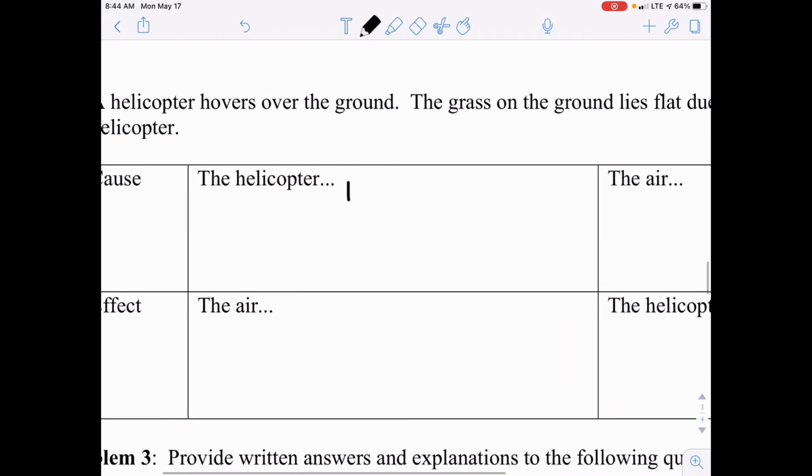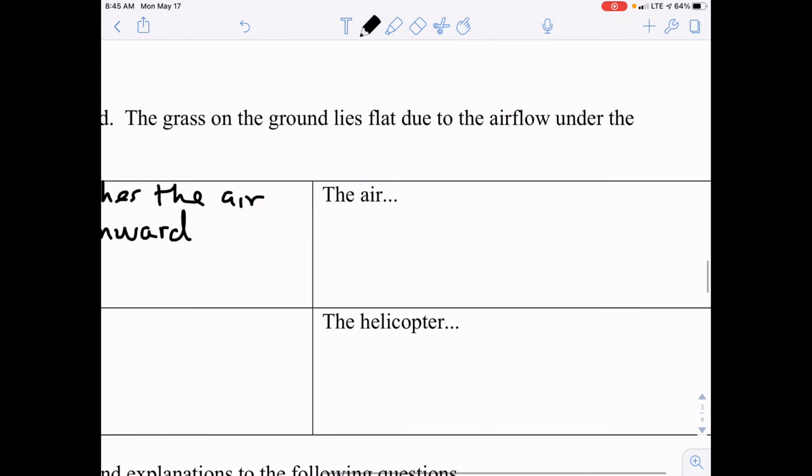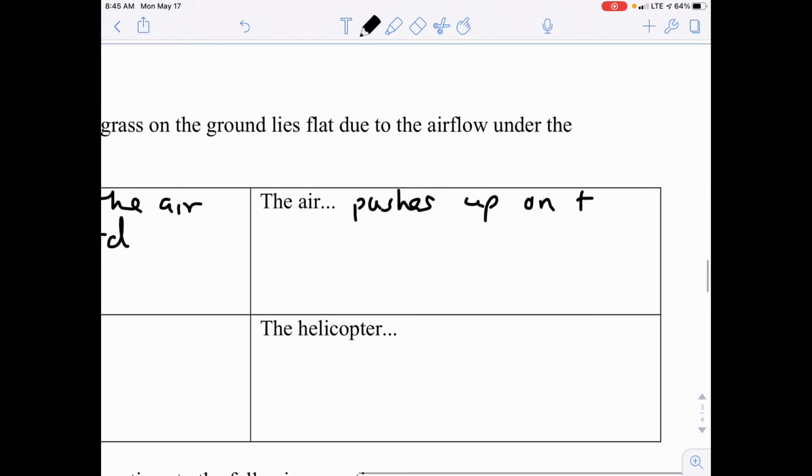So what does the helicopter do? Well, the helicopter pushes the air downward. The air pushes up on the helicopter blades.